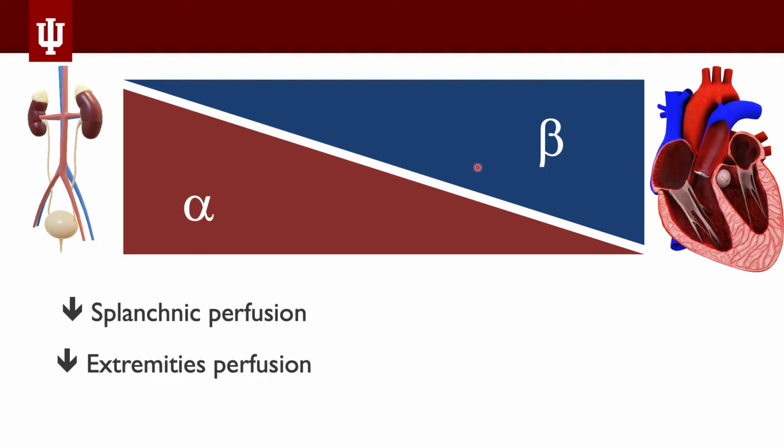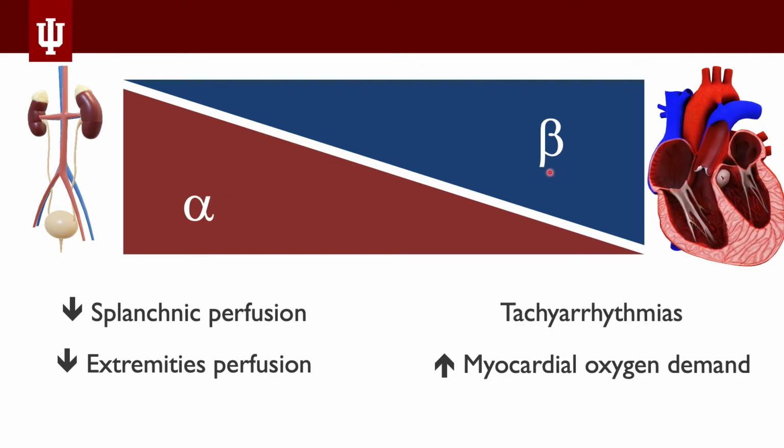On the contrary, the adverse effects of beta agonists usually include tachyarrhythmias, especially atrial fibrillation with rapid ventricular response, or atrial fibrillation with RVR, and they can also cause an increased myocardial oxygen demand, and in states such as acute coronary syndrome, that's not necessarily what you want. Of course, they can cause vasodilation, so beta agonists can also cause hypotension. A pure alpha agonist can cause a reflex bradycardia. So those are some other side effects that you're going to have to be aware of.